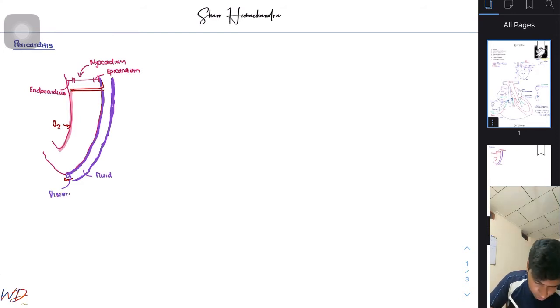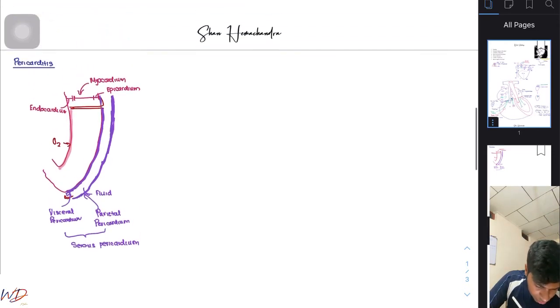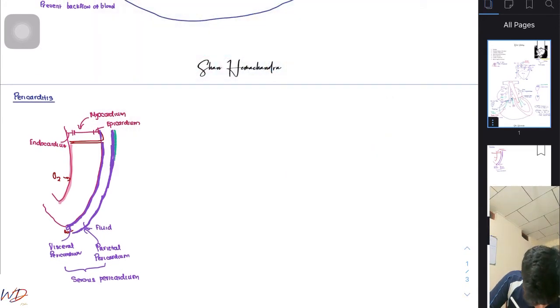And there is serous fluid in this region. There is fluid in the middle of those two, so this is called the serous pericardium.